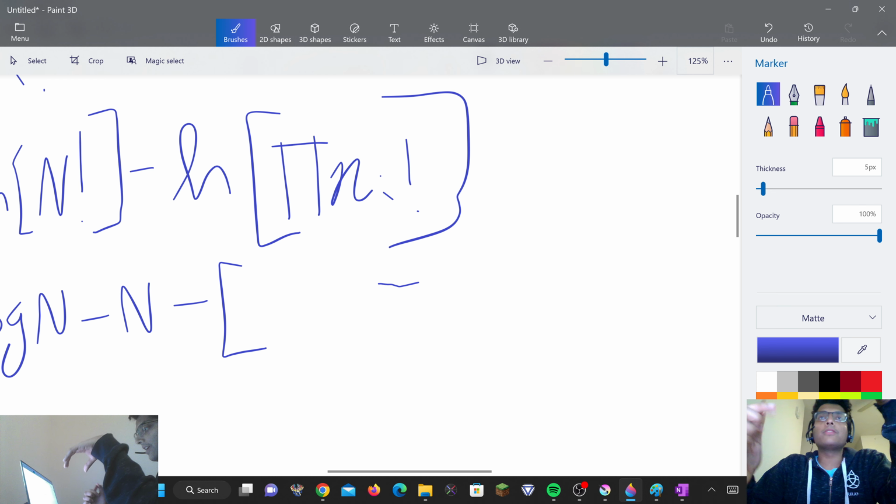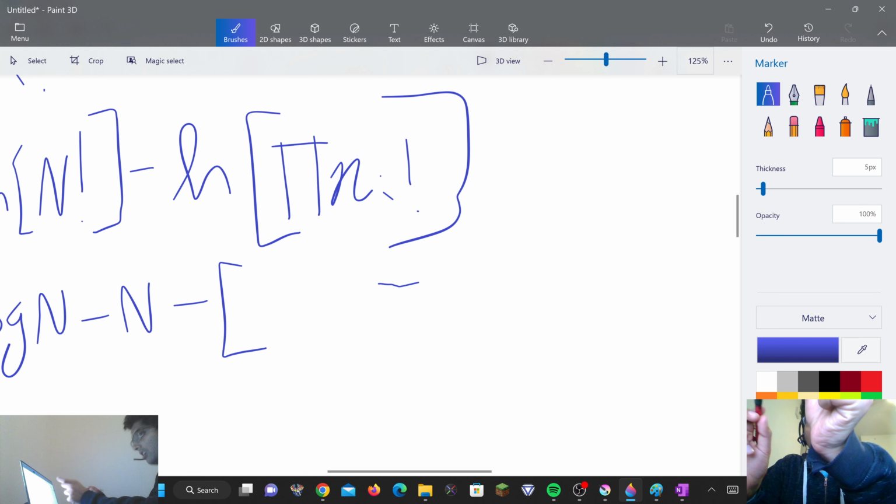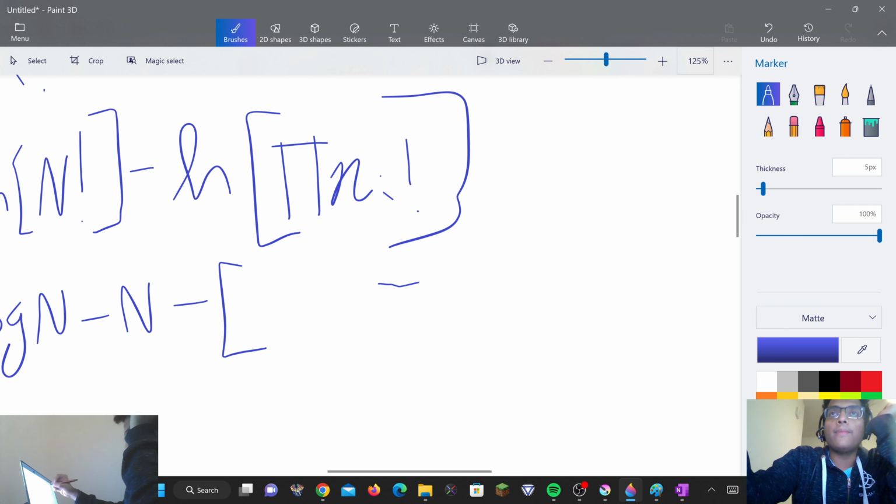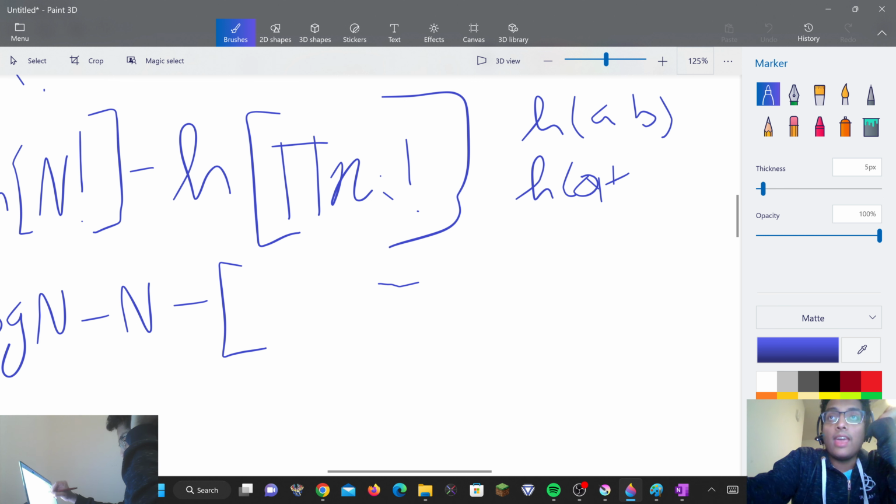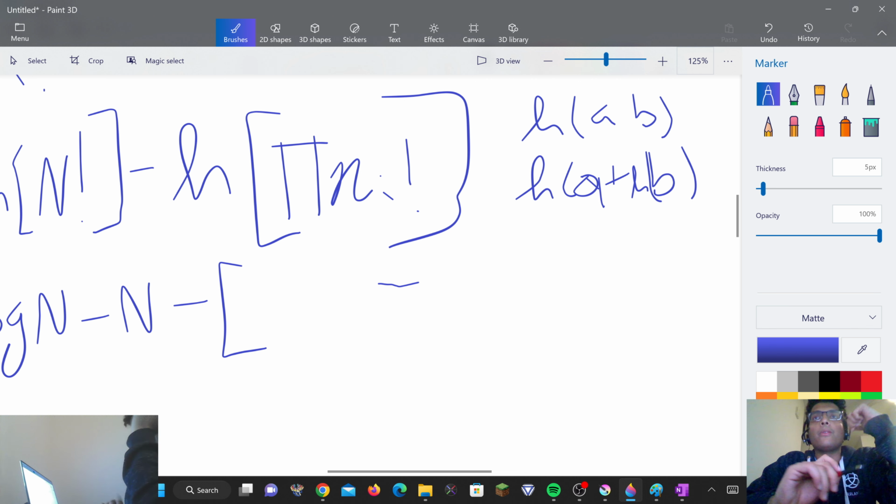We know that if we have two things multiplied in a natural log, you can separate them by adding. So if you have ln of ab, it's ln of a plus ln of b, right?